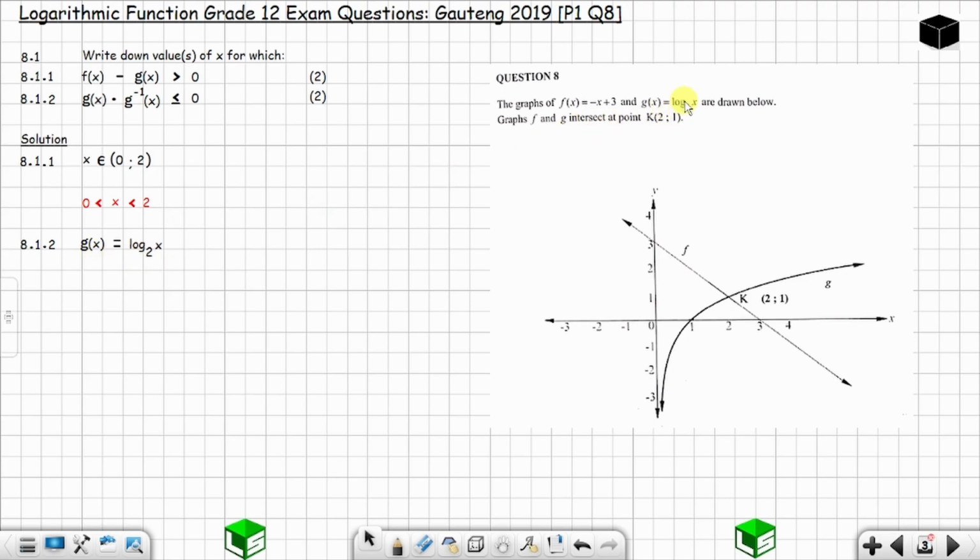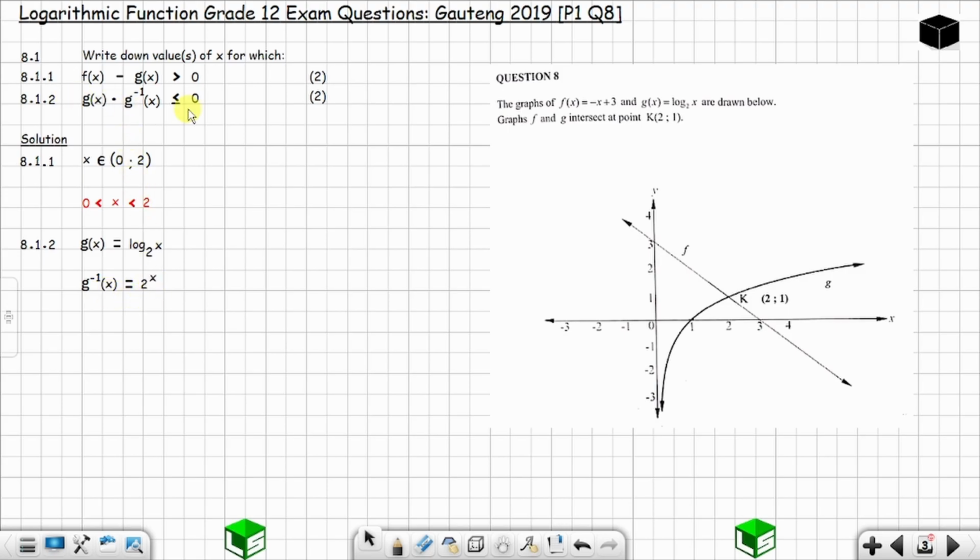You are given it. And you also need the inverse of g of x. This is equal to 2 to the power of x. Okay, if you are struggling on how to get the inverse equation, please check my other videos in which I explained how to get the inverse equation. Okay, for now, you have to know that the inverse of g of x is equal to 2 to the power of x.